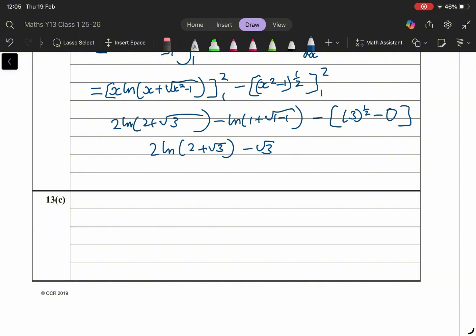Right. So cosh of x has a minimum at y equals 1. It does not go lower.